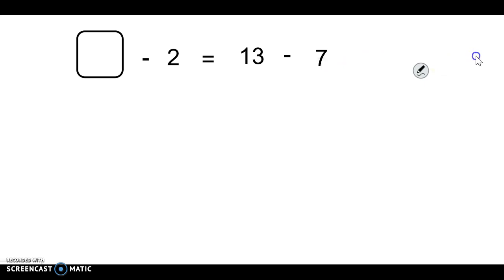First, let's make that number line. Okay, remember, when we count up, we start with the smallest number and count up to the largest. So let's start at 7 and stop at 13.